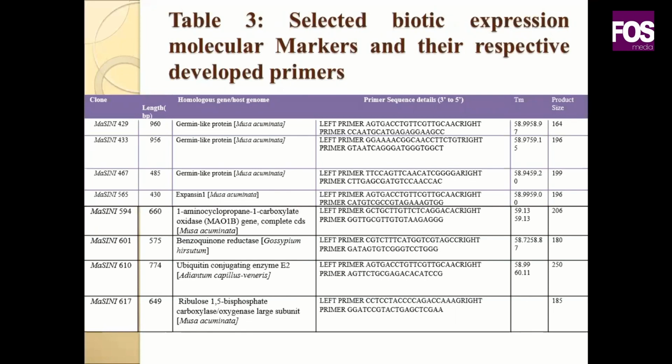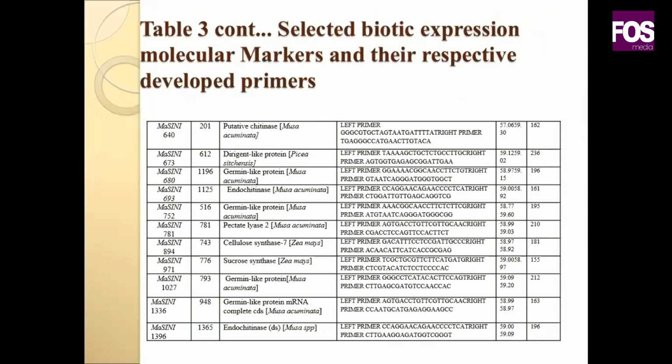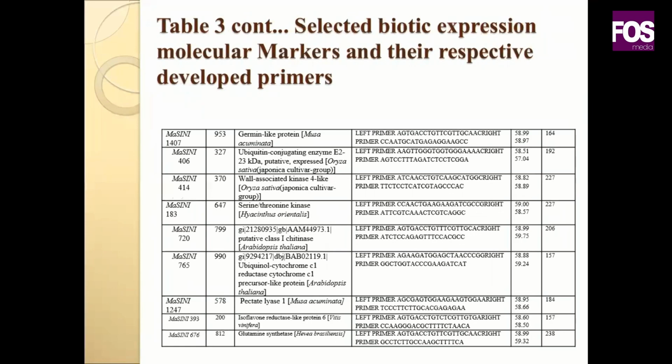This is the data we collected as selected biotic expression molecular markers through our library construction, and their respective developed primers can be seen in these tables as our findings. Further, you can see those putative expressed sequence tags and the possible primers that we can use to evaluate the resistance levels of plants against the anthracnose pathogen.